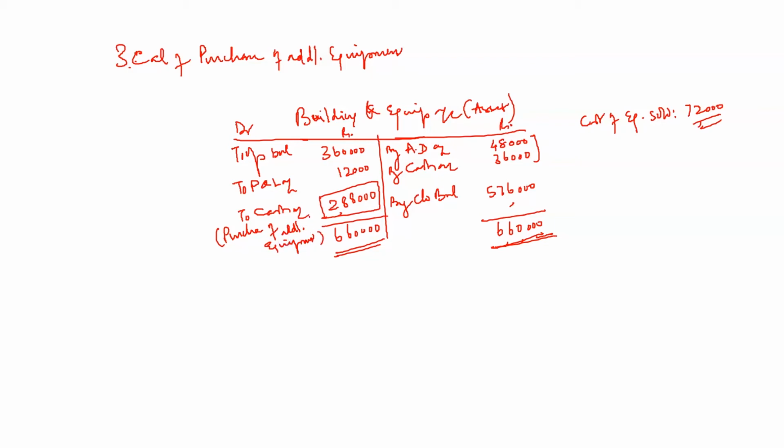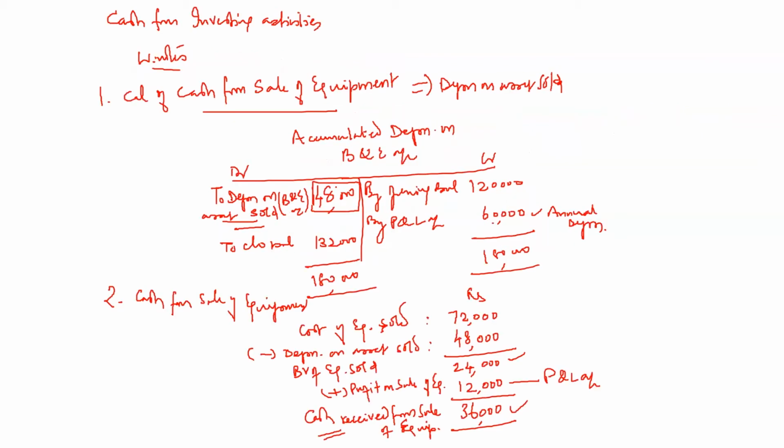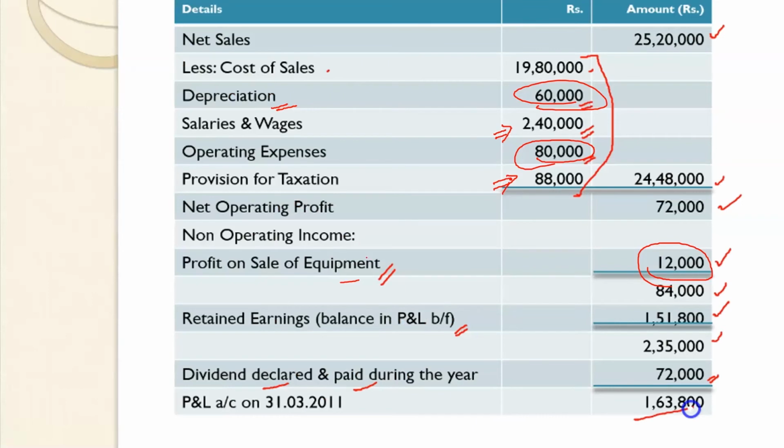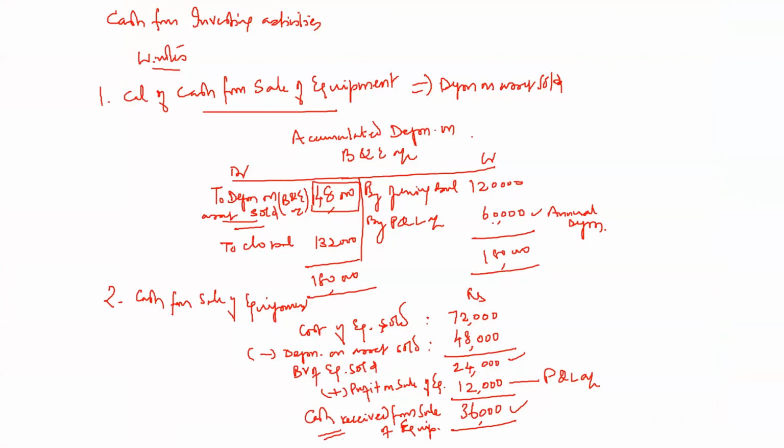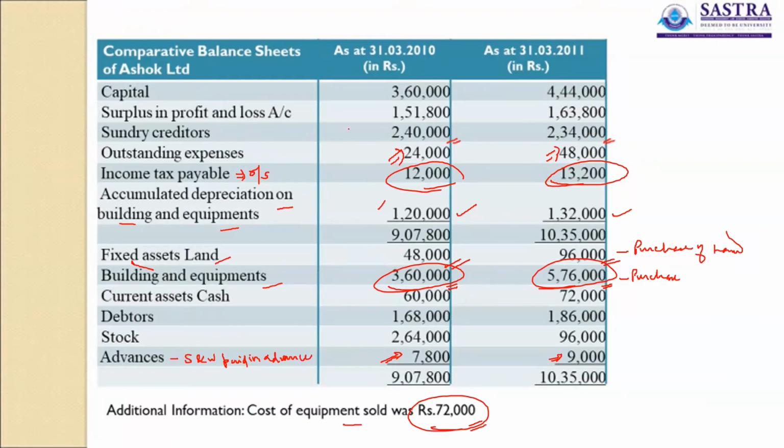In the case of land, this adjustment is not required because there is no information regarding profit on sale of land, and land is not eligible for any depreciation. Similarly, the accumulated depreciation balance is available only for building and equipment, not for land.